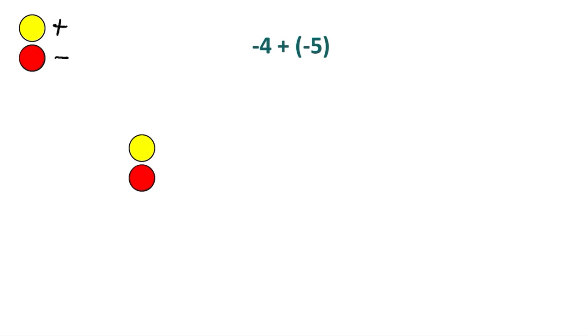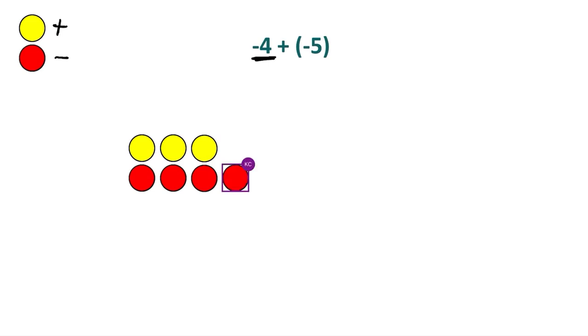Okay, so we use our counters to just show a few zeros. We can have as many zeros as we'd like because it does not change the value. So I'm just going to put a few zeros on the screen, and then I'm going to look at my calculation, and I see that we have -4, which means that I want to add 4 red counters.